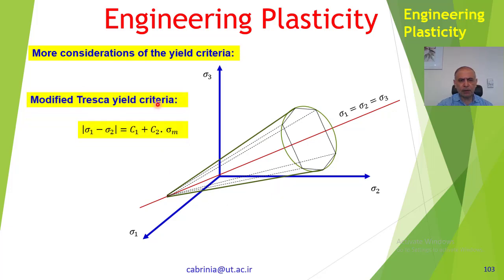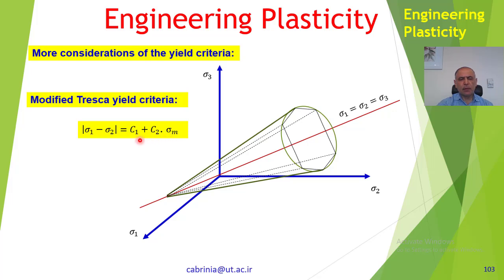So the modified Tresca yield criteria, we call it, and this is sigma 1 minus sigma 2 equal to, or sigma 1 minus sigma 3, depending on which one is the minimum and which one is the maximum, C1 plus C2 dot sigma m. Sigma m, of course, is this line, the hydrostatic line.